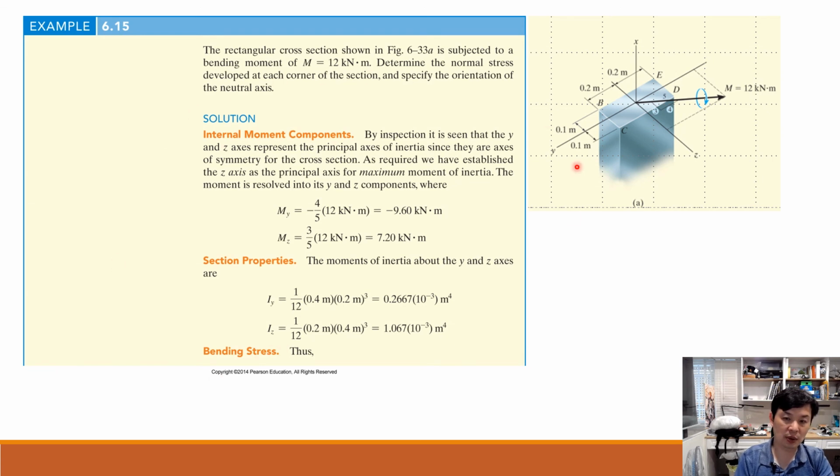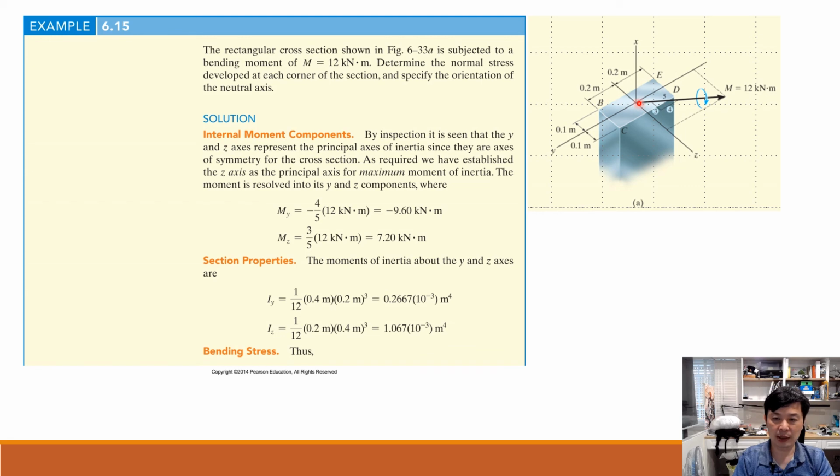Here's one example. Let us try to practice what we have learned in previous slides. Here's the cross-section, a rectangular one. The width would be 0.2, and the thickness would be 0.4. The longitudinal axis would be x, and you have y and z along these two directions.